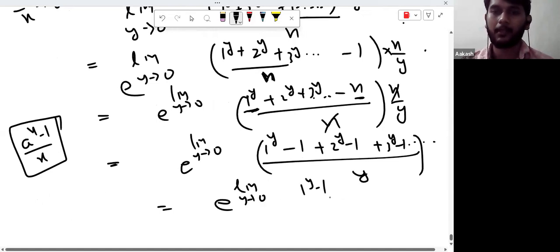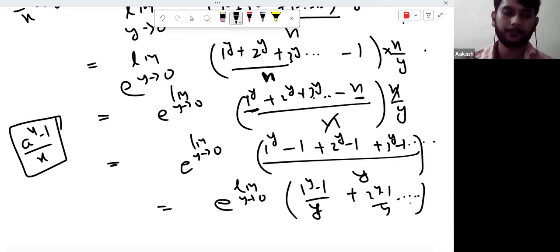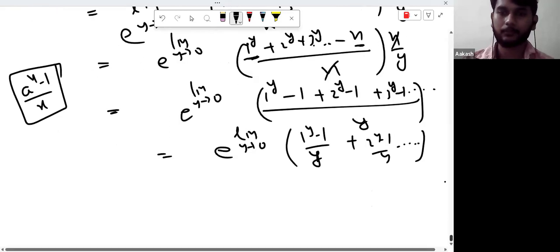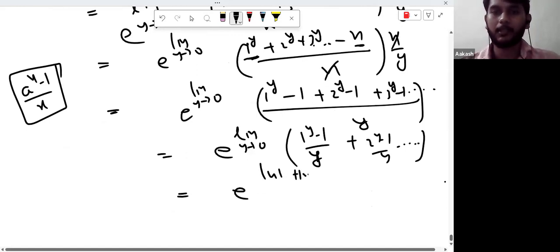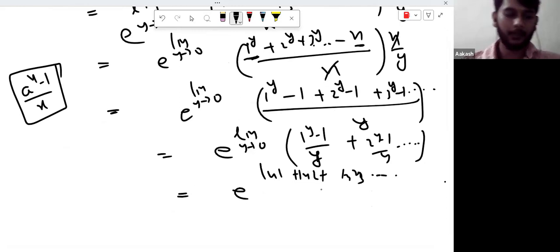So 1 to the power y minus 1 upon y plus 2 to the power y minus 1 upon y, and so on. Then ln 1. So e to the power ln 1 plus ln 2 plus ln 3, and so on.